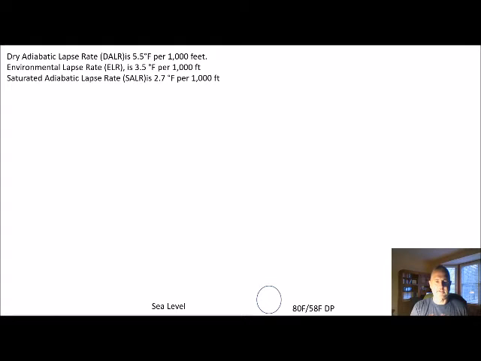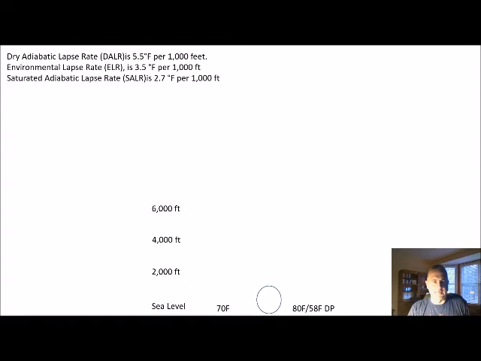You're at sea level, and the surrounding air is 70 degrees Fahrenheit. Maybe the clouds parted and something peeked through, and this air mass could be a quarter mile or a mile wide. It's not necessarily just this little ball, but you have more insolation hitting this area than the surrounding area to heat it up.